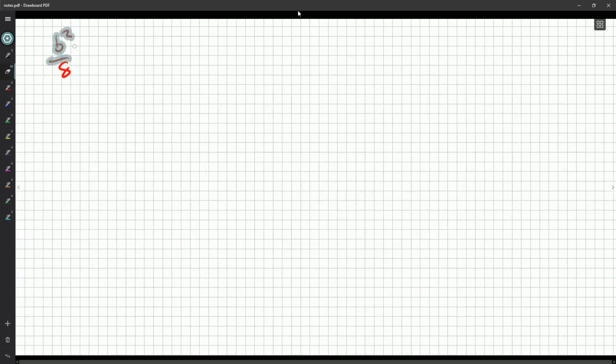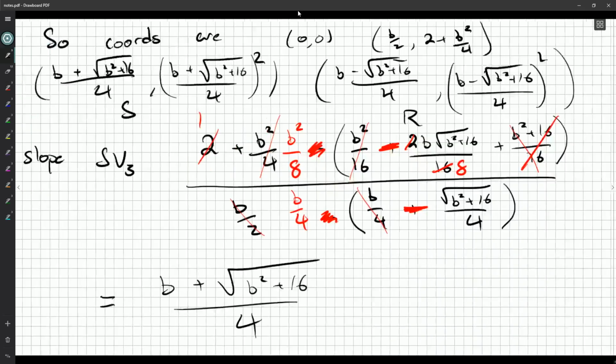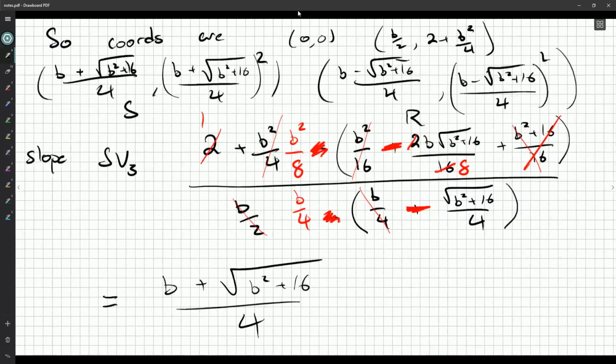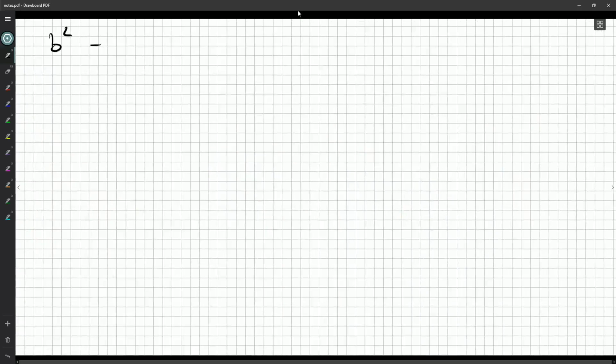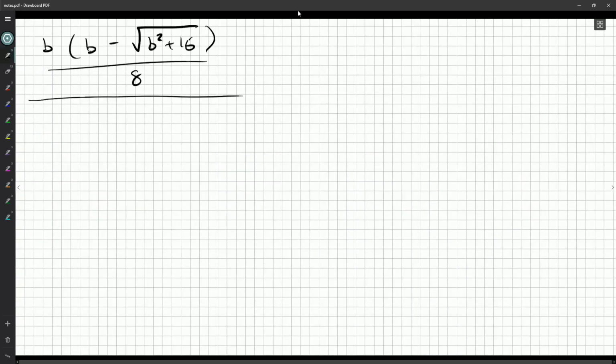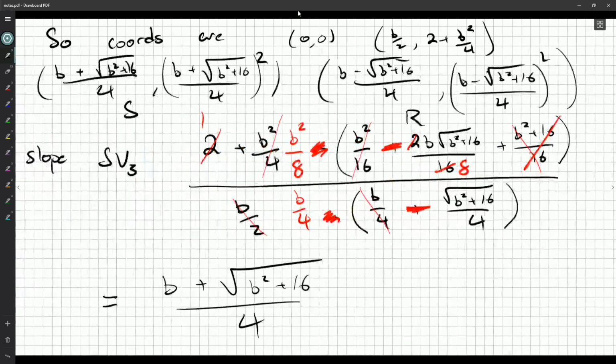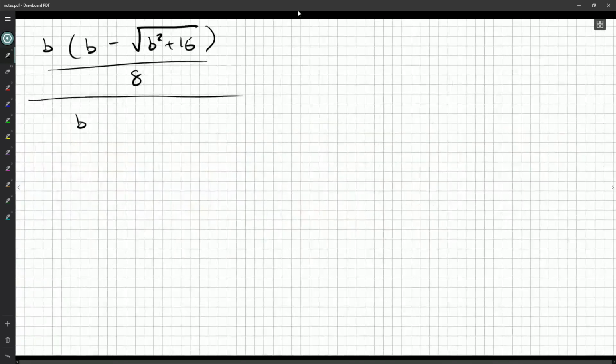I'm going to switch back to the black now. I'm done canceling things out. B squared minus b. I can take out a factor of b, can't I? B minus the square root of b squared plus 16 all over 8. And then on the bottom we have b minus the square root of b squared plus 16 all over 4.